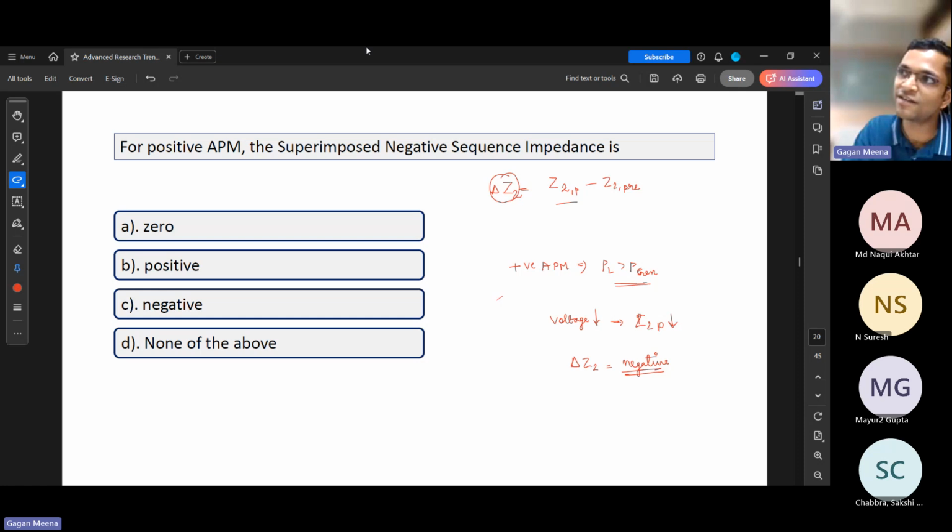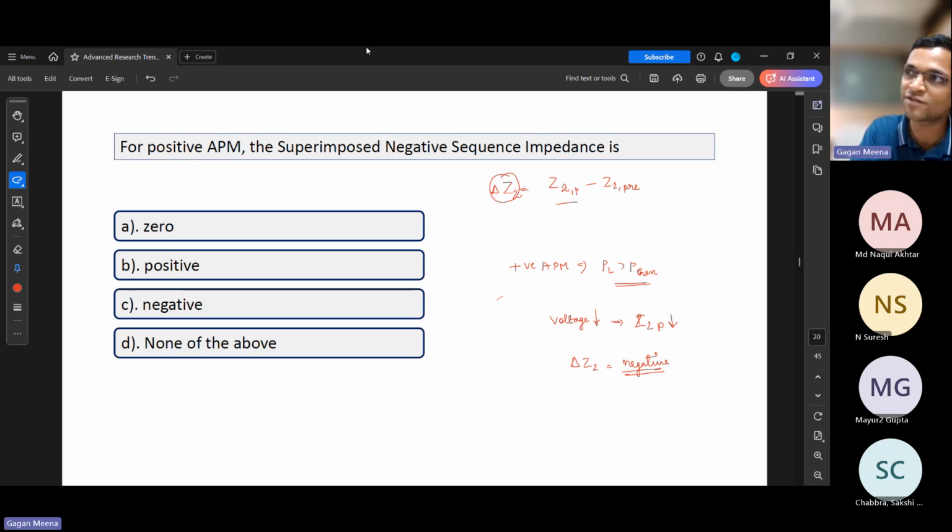But now if the load increases, then the current drawn by the load will increase, right? So the losses will be more in the line, and the voltage will dip. That's what happens in long feeders, rural feeders. The voltage is very low there at the far end.